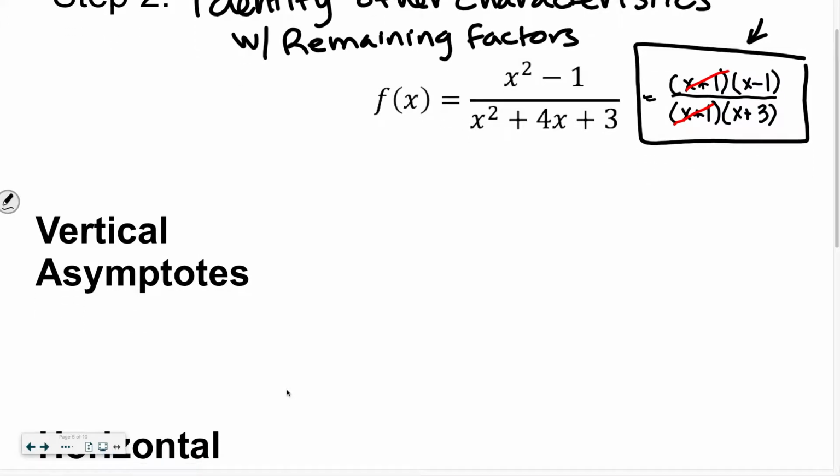You have x minus 1 over x plus 3. Didn't groups think they figured it out? Aiden? And why not?